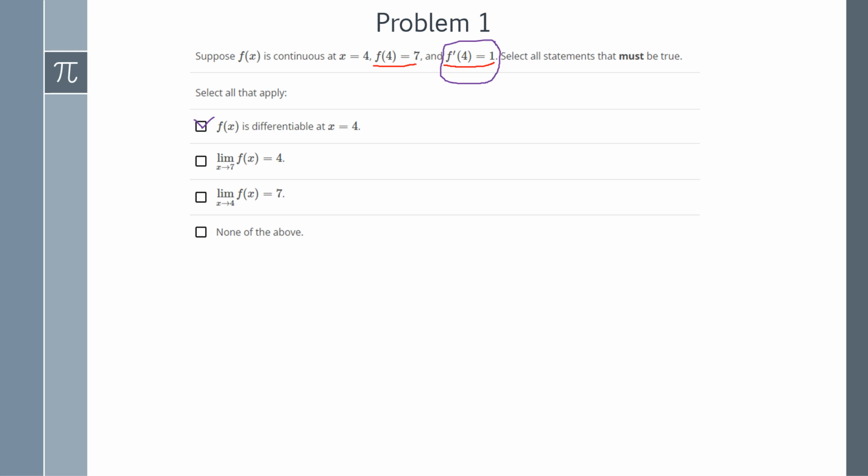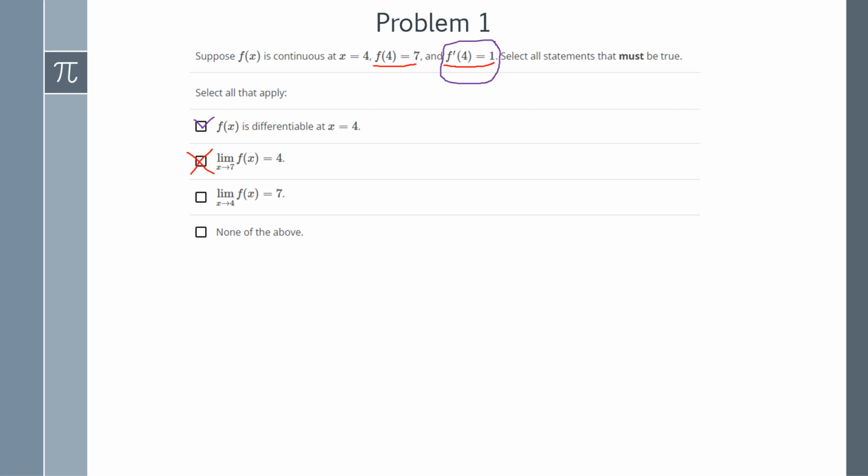This one says the limit as x goes to 7 of f of x equals 4. Well, this is certainly not true. Okay, well, it could be true, but we can't say this just from this information because we don't know what the function is.